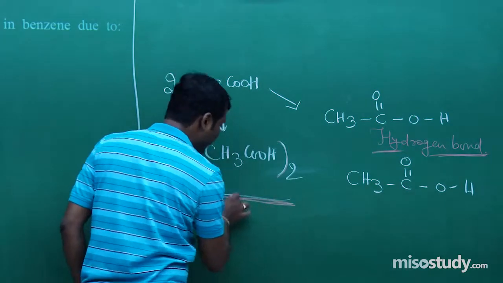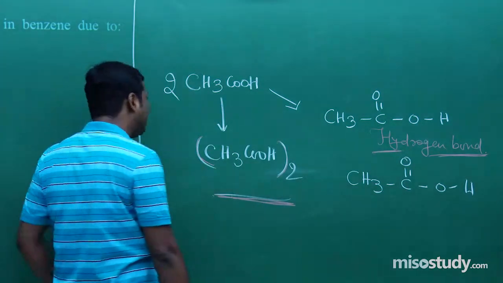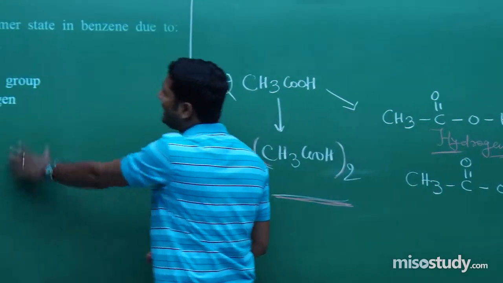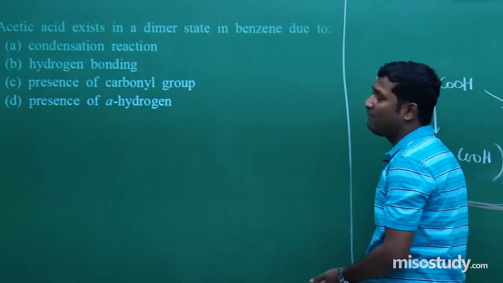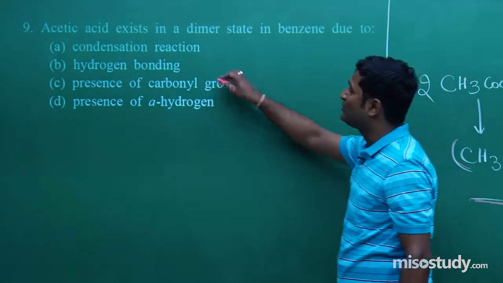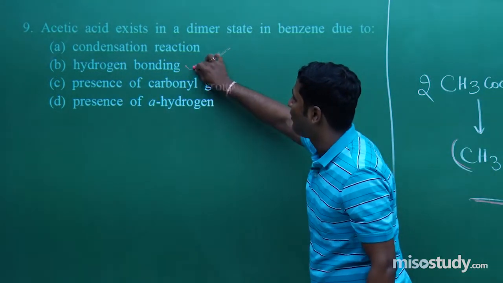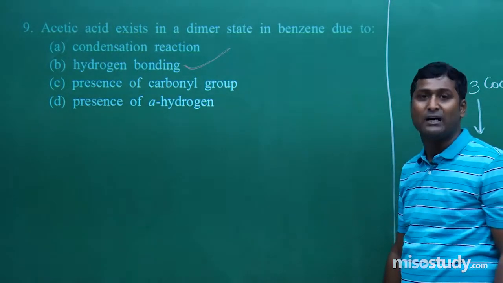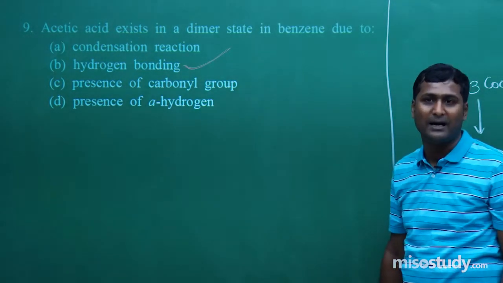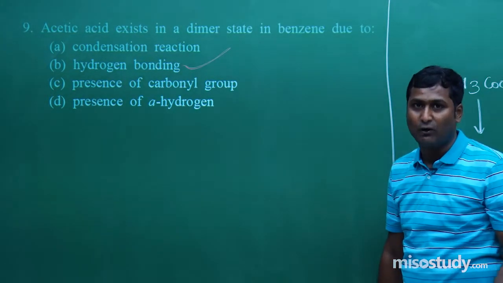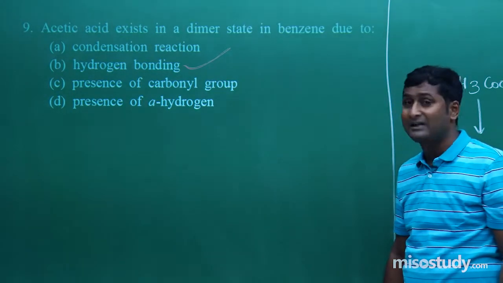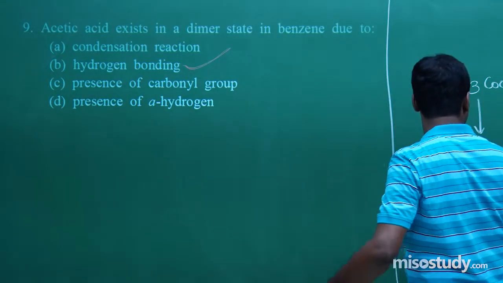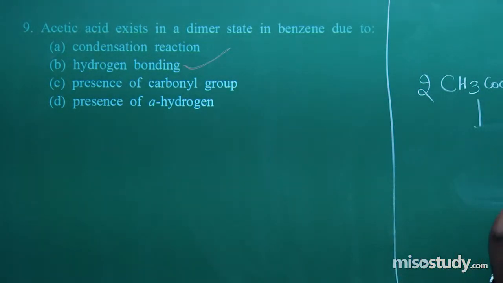So it's very simple to conclude, for question number 9, why acetic acid exists in a dimer state: due to hydrogen bonding, the link between hydrogen and the most electronegative atom, oxygen, forms a hydrogen bond. So for question number 9, B is the correct option. Now friend, I'm going to rub this part and we'll discuss the next segment.